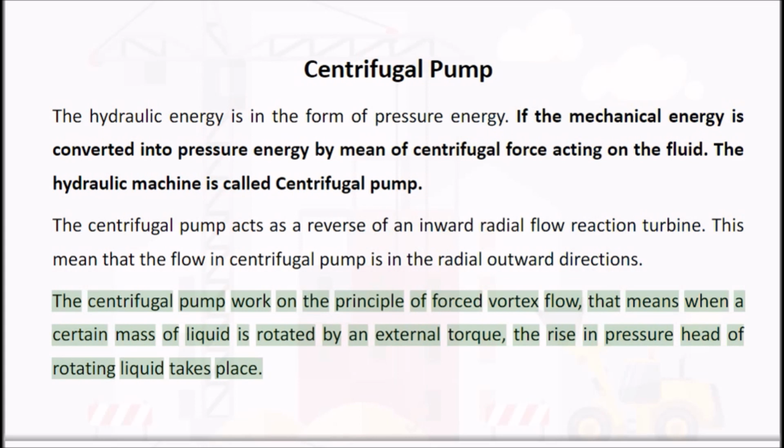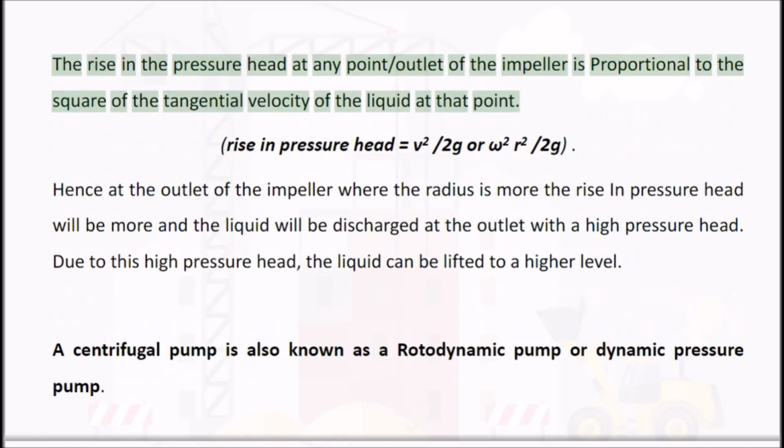That means when a certain mass of liquid is rotated by an external torque, a rise in pressure head of the rotating liquid takes place. The rise in the pressure head at any point at the outlet of the impeller is proportional to the square of the tangential velocity of the liquid at that point.